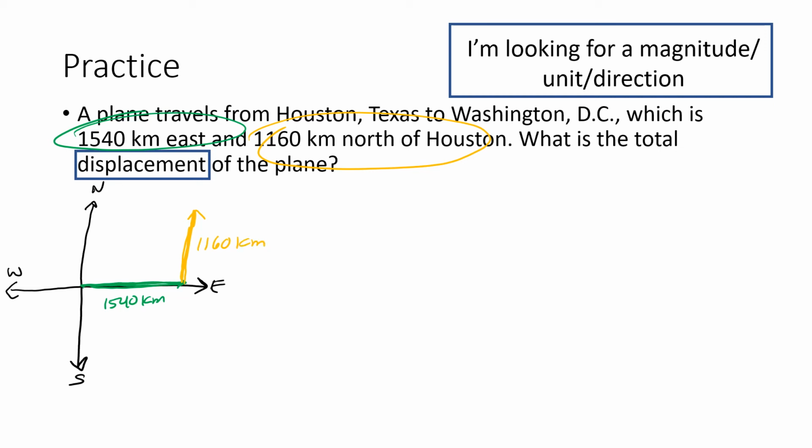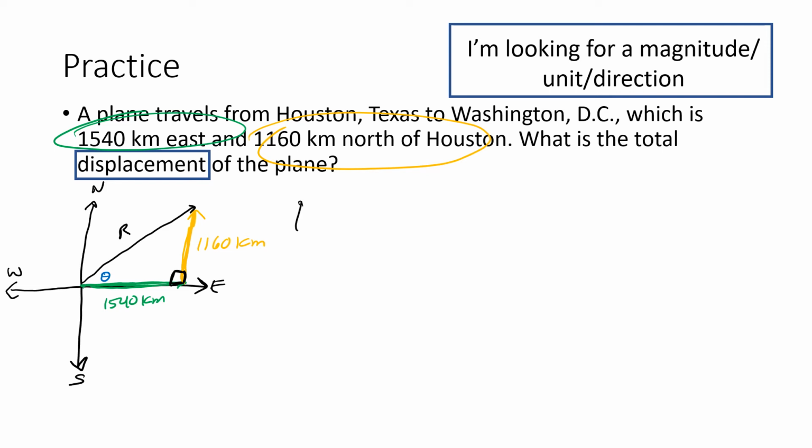What is the total displacement? I'm trying to find r, and I'm trying to find the direction, which I'm going to use with the angle. And this is all a right angle like that. So that means I can use my Pythagorean theorem and tangent and all that.